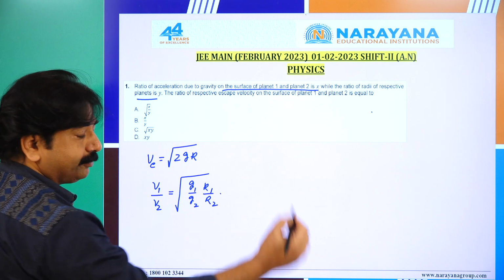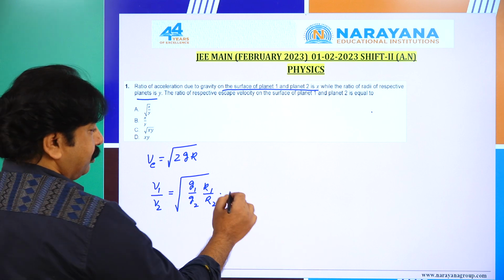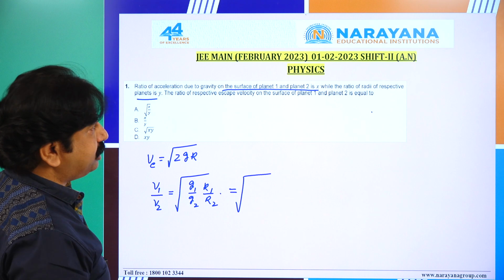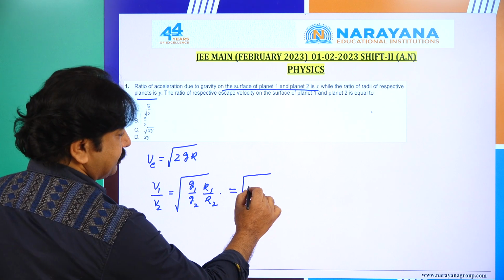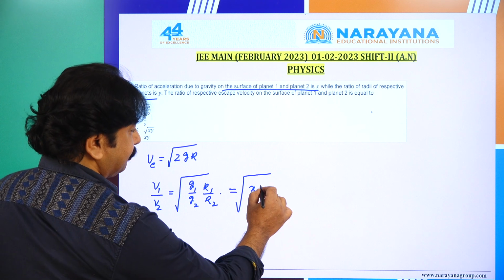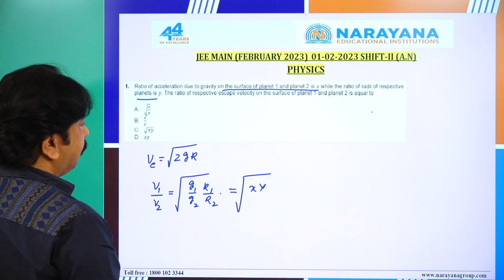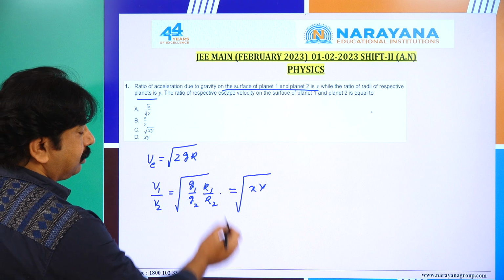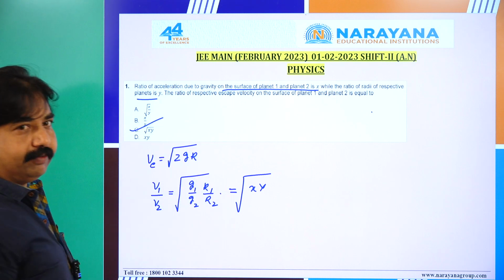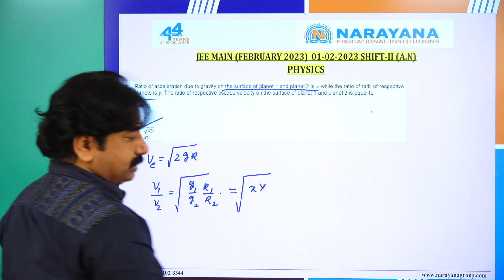Now, g1 by g2 ratio is x and r1 by r2 ratio is y. So v1 by v2 ratio is equal to under root of xy, that is the third option. Next question.